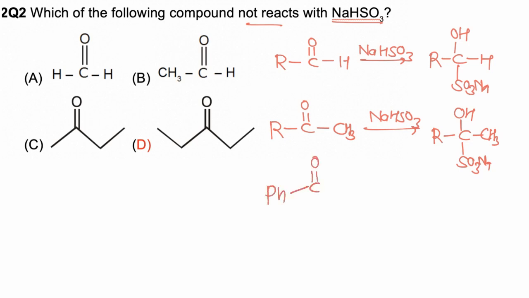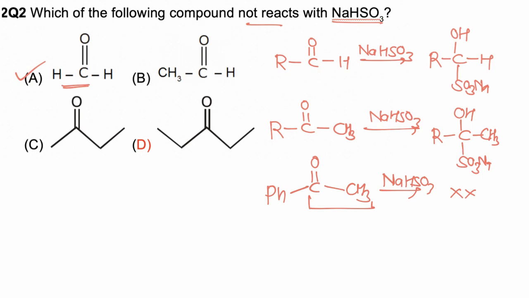In methyl ketone, acetophenone will not react with NaHSO3 because this molecule is stabilized, very less reactive, so it will not react with NaHSO3, although it is a methyl ketone. So all the aldehydes and all the methyl ketones except acetophenone will react with NaHSO3. Now the first molecule is an aldehyde, so it will react.